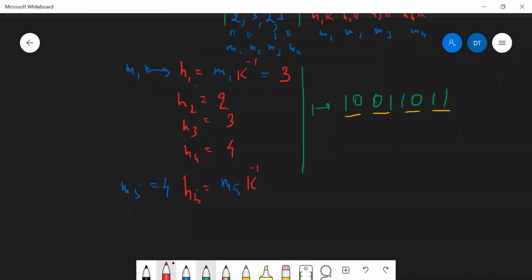M5 is 4, and K is also 4, so we multiply by 4 inverse, and we will get 1. Oh, that was decryption. You asked me to encrypt 4, am I right? Yeah. Okay, I'm sorry.